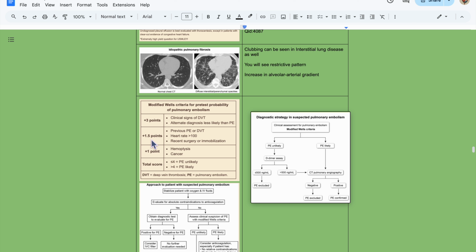For 1.5 points, you need to have any of these three: previous PE or DVT, heart rate more than 100, recent surgery or immobilization. And then for 1 point, if they have hemoptysis or cancer. Total score here, if they have more than 4, it's likely that it is PE. If it's 4 or less, then PE is unlikely.